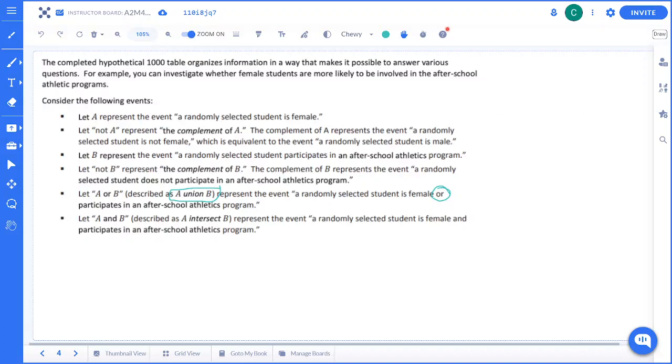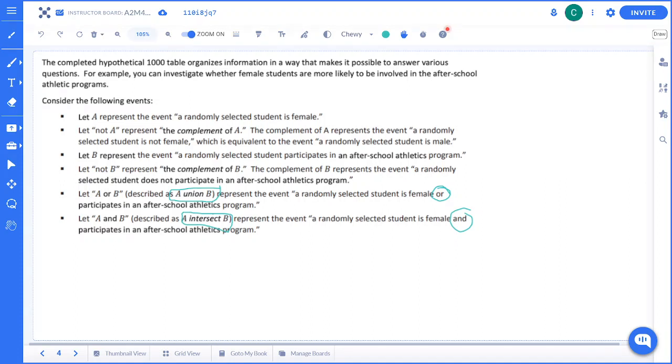Now, A and B is what we call an intersection, A and B, and it has to be both. Represent a randomly selected student that is female and participates in an after-school athletic program. So all we have to do is look at the intersection there of where a female student intersects the column of participating in an after-school athletic program.